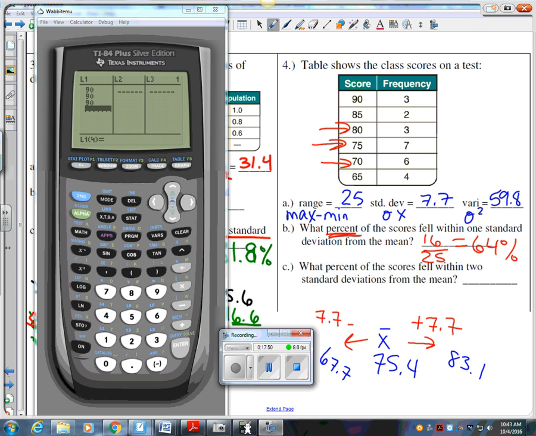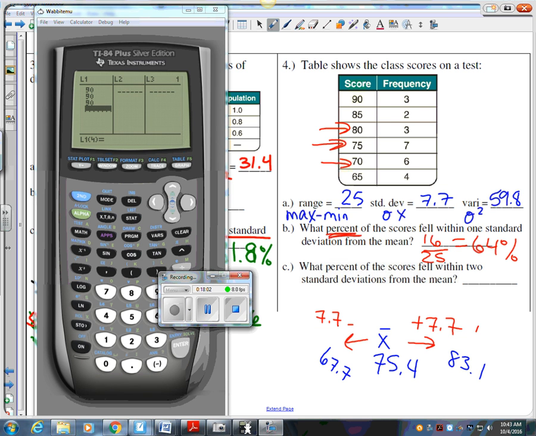Okay? All right, C, what percent of the scores fell within 2 standard deviations of the mean? Jonah, how do I go 2 standard deviations? What do I have to do? And subtract 7.7. Okay? Anybody, those numbers? 90.8 and 60.